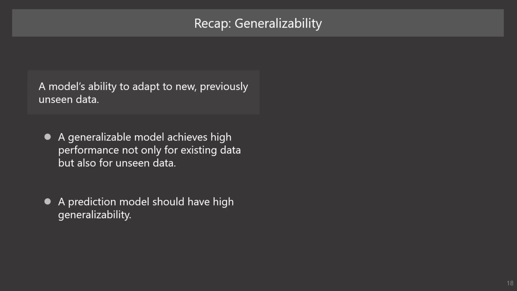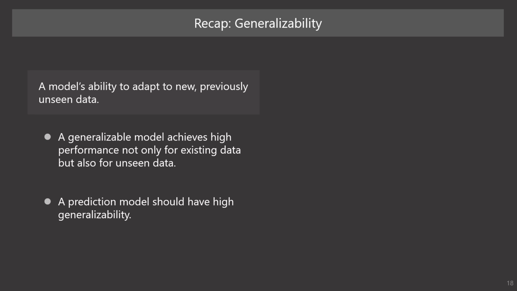To fully understand how to evaluate a prediction model using these performance metrics, let's recap the concepts of generalizability and overfitting. The purpose of predictive analytics is to build a model that can predict new data accurately. So, in predictive analytics, the prediction model should have high generalizability.